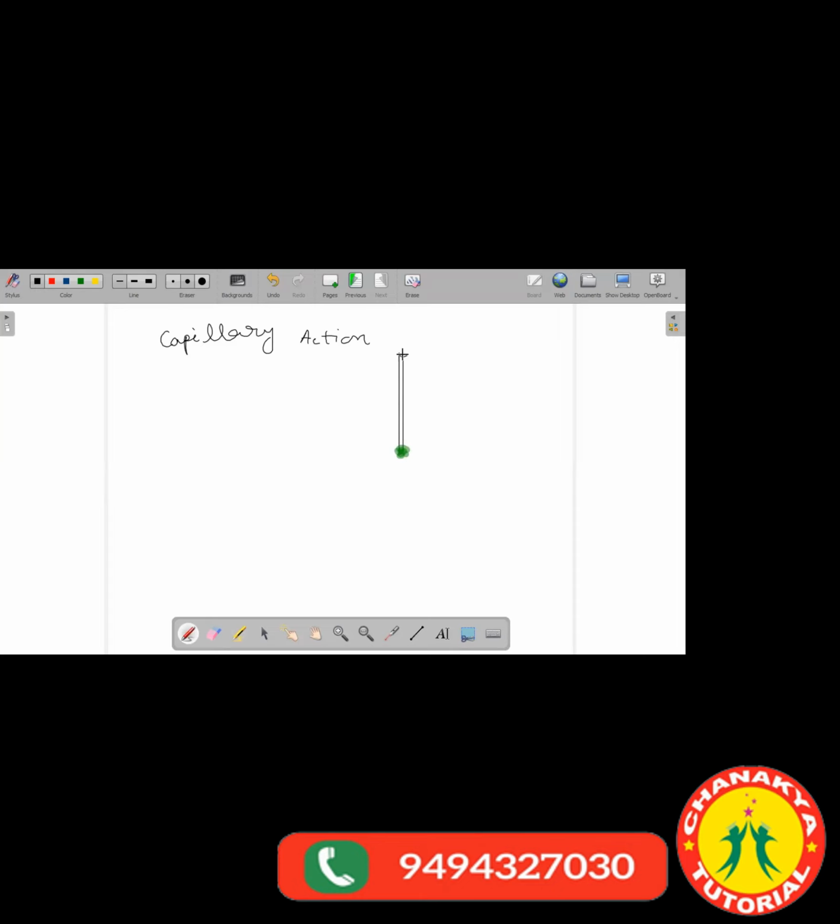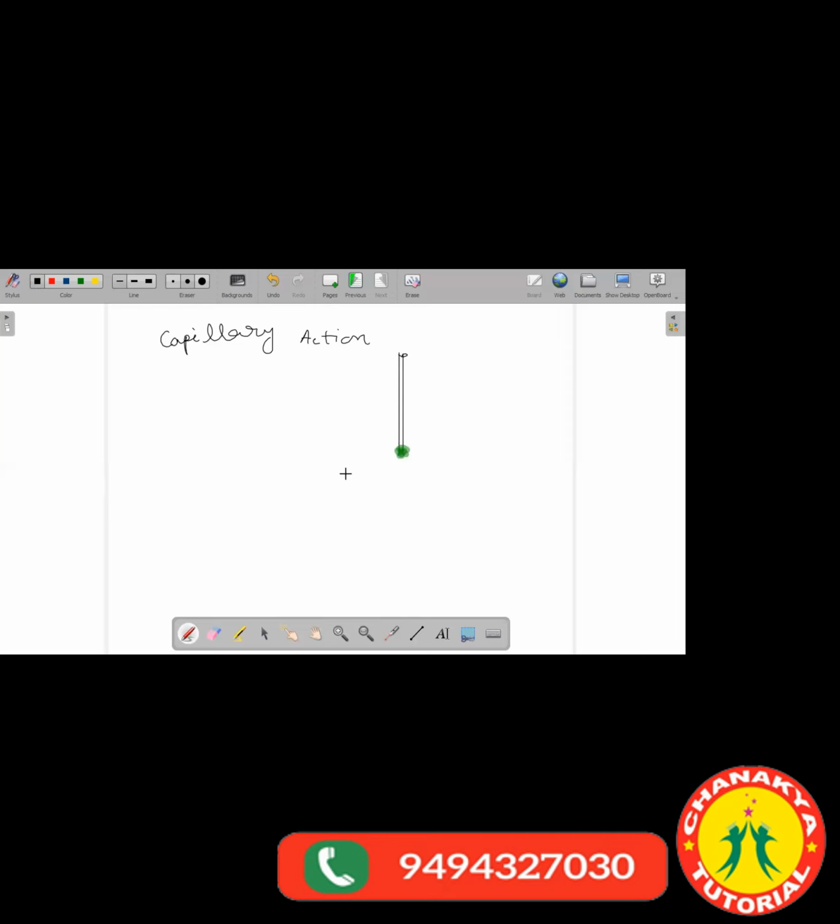You need not suck it up. The water will start rising on its own. So this property is called capillary action. We can observe capillary action here. Got it?